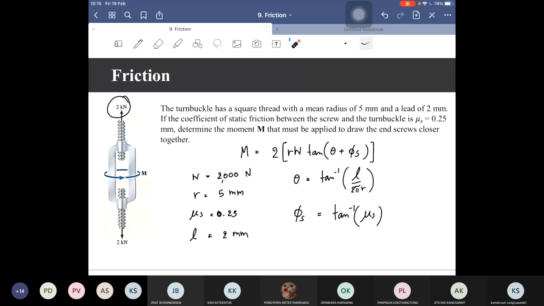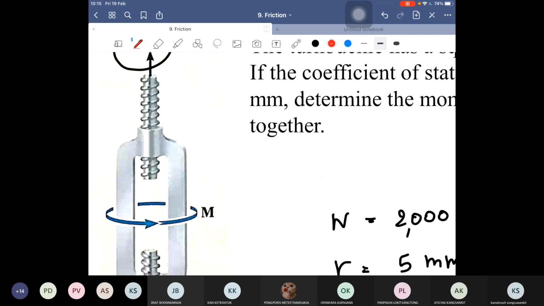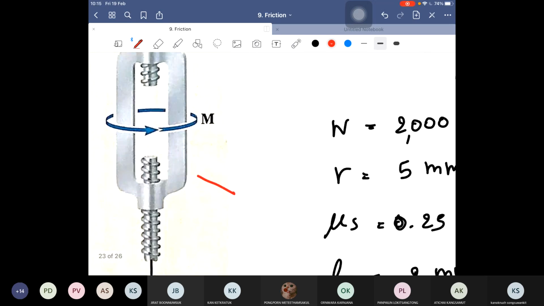In case you have a question, why we choose this equation? Because this equation is for when the screw tends to move upward. Just zoom in on the system, for the upper screw and the lower screw.